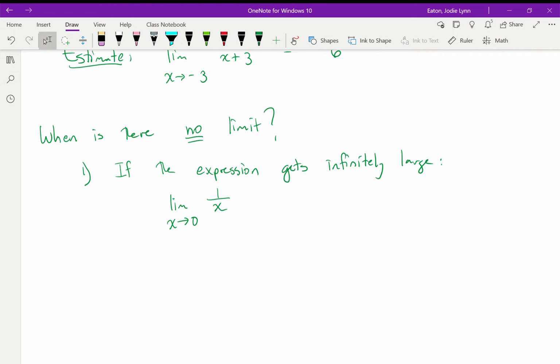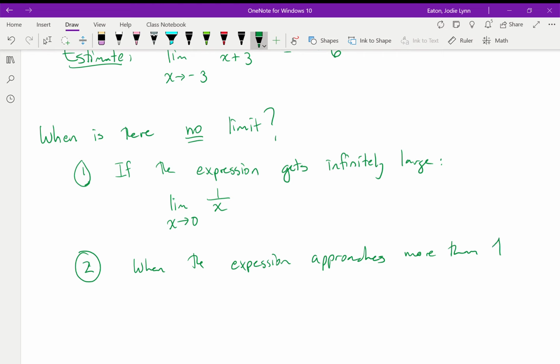And there are also going to be some issues if you have functions that don't quite work out. So if the expression gets infinitely large, or when the expression approaches more than one value, or doesn't exist everywhere.